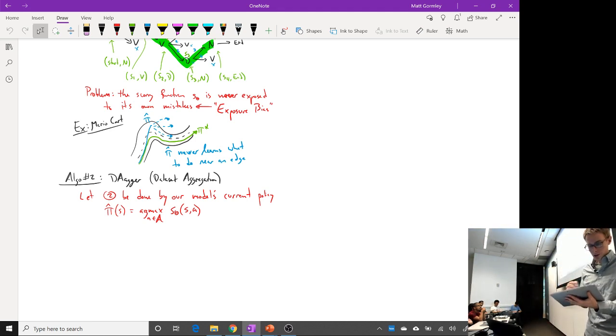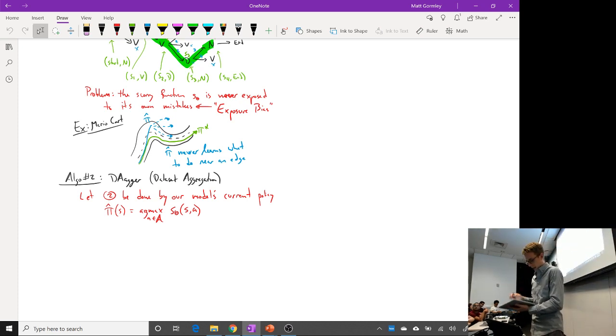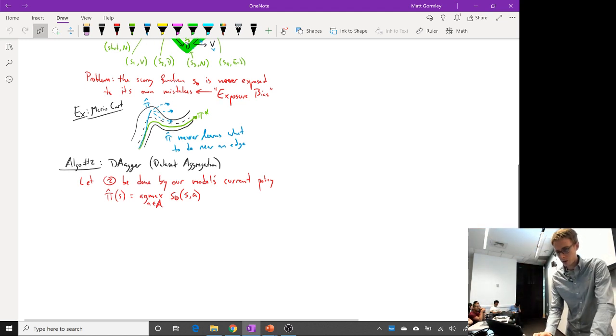Okay. So if we do this, we can think about the example that we were just looking at and consider how the behavior of this algorithm gives us a different set of actual training examples.